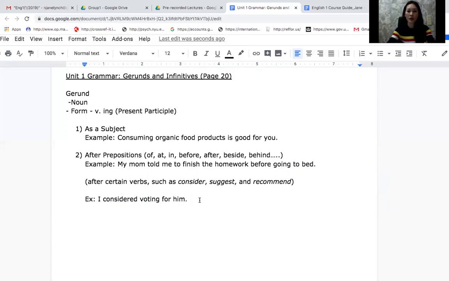Or if you want to use suggest, I suggest using the pencil instead of the pen. Okay, so maybe you think that using this pencil is better than that pen. So you say, I suggest using the pencil instead of the pen. So using gerund.